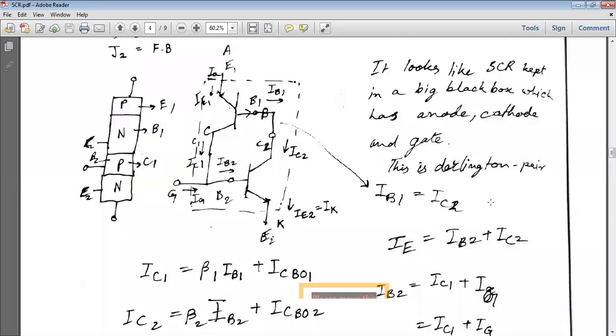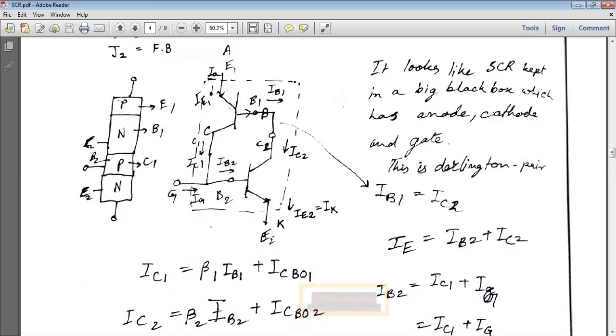So let us discuss the thyristor, which can be visualized as the combination of two transistors attached face to face. Now, what is the transistor here? In this case, these are the PNPN junctions.